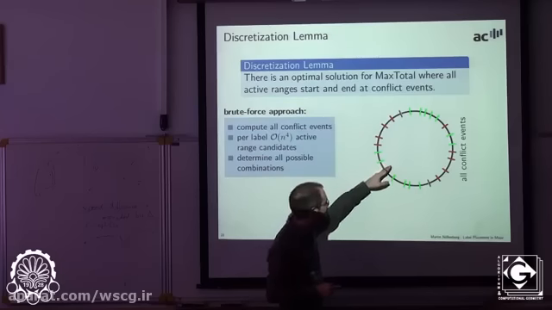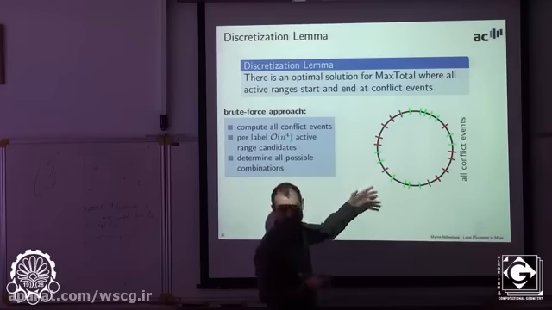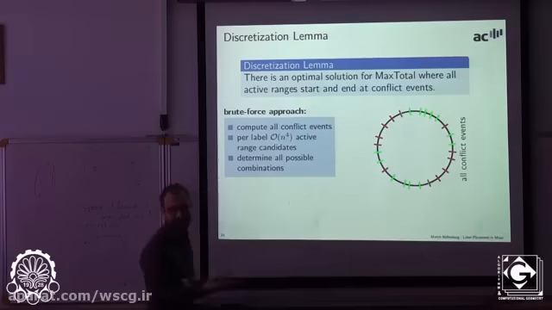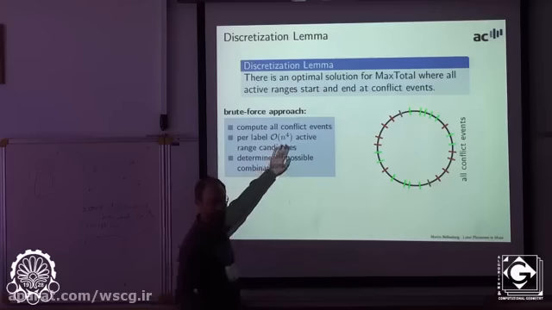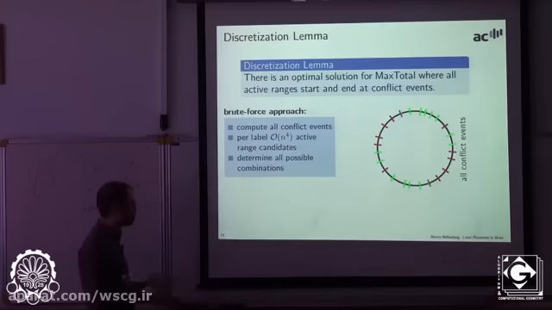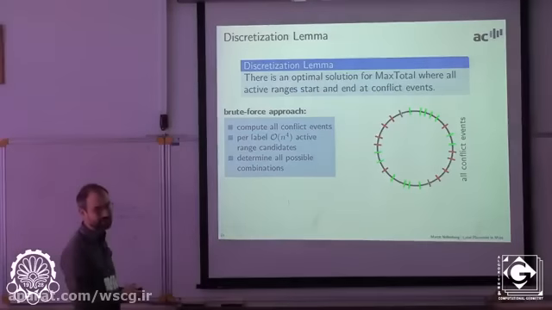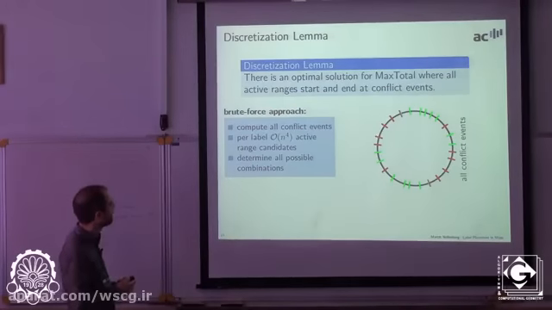These you could always change to a canonical labeling with the same value that starts at one of the discrete events. That's a standard trick you can do. And because you can choose any pair of these events as a potential candidate for active range, this gives you n to the 4. And then if you go over all combinations, you will find the best labeling. But of course, that's exhaustive search.